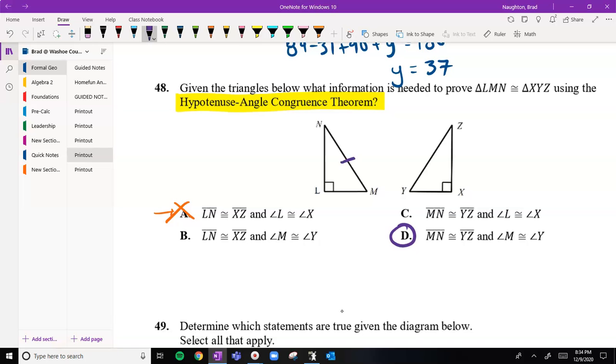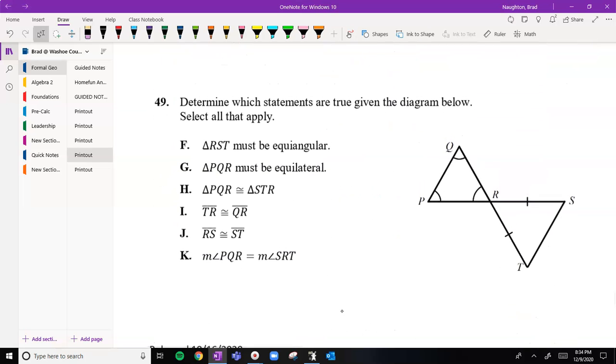So MN and then YZ, you have your hypotenuse, and then you're going to have M and Y. So that is our hypotenuse angle congruence. That's the only one that would make sense because I have my hypotenuse, I have an angle, and it has to be a right angle. Booyah. All right, let's go to 49. So there's a couple of different things that can go on with this.